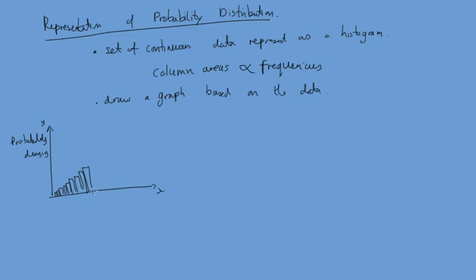This is quite a rough histogram. And then we draw our graph to the shape of our histogram.